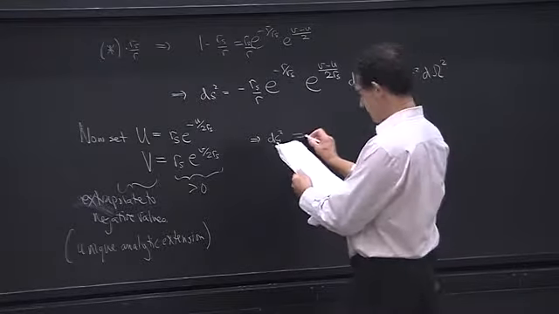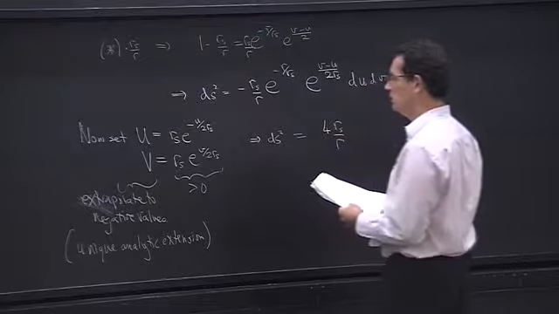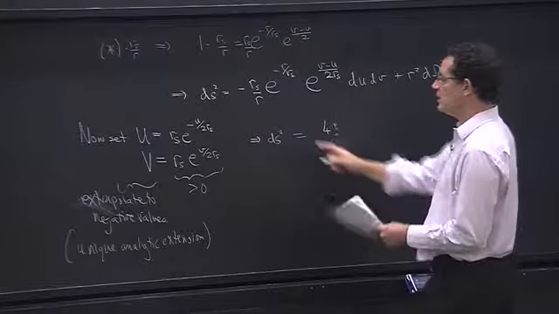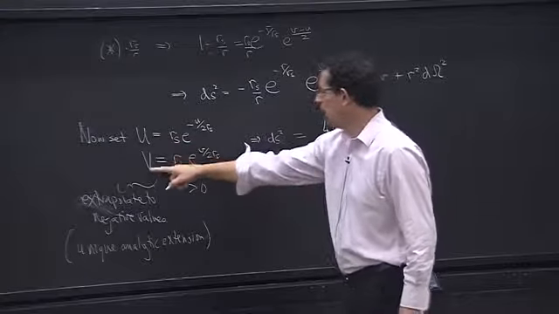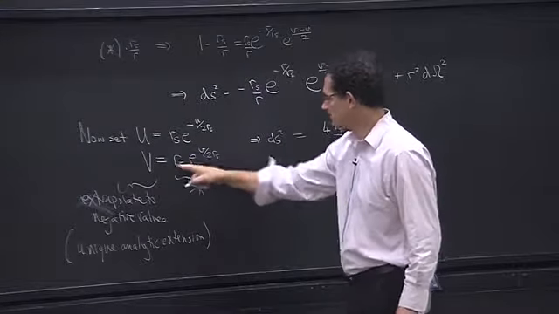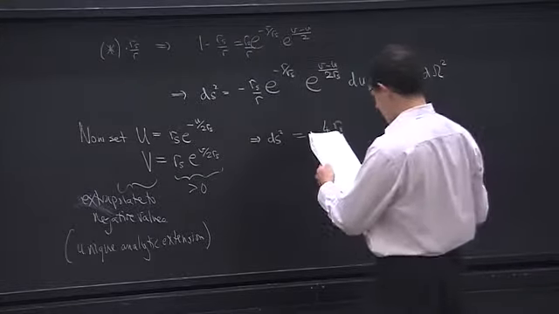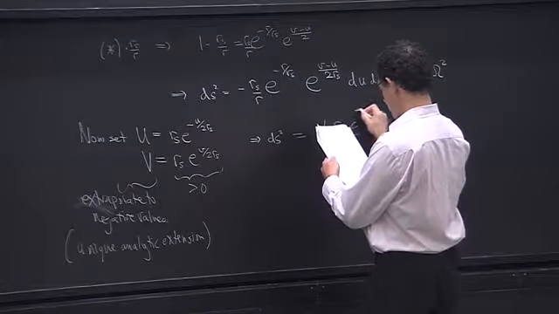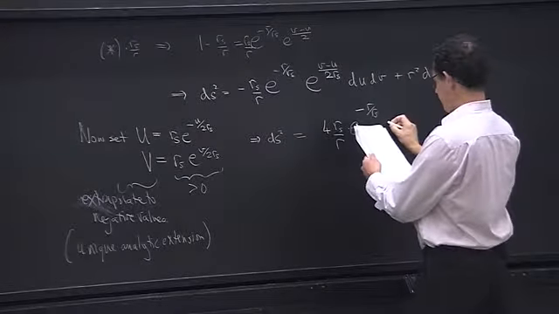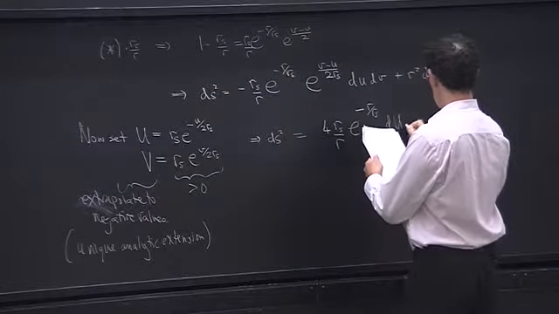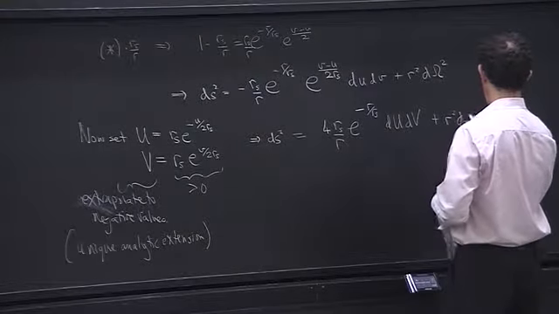Then ds squared becomes 4 Rs over r. You see the dU is just going to give me a minus du over 2. And the dV will give me plus dv over 2 times this factor. So here we have e to the minus r over Rs dU dV plus r squared d omega squared.